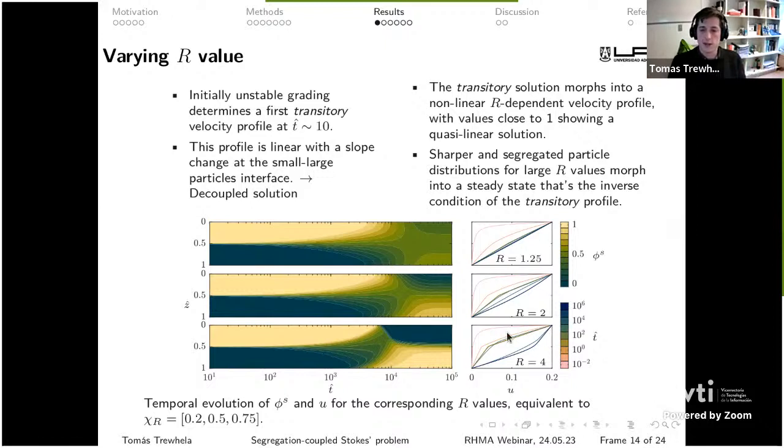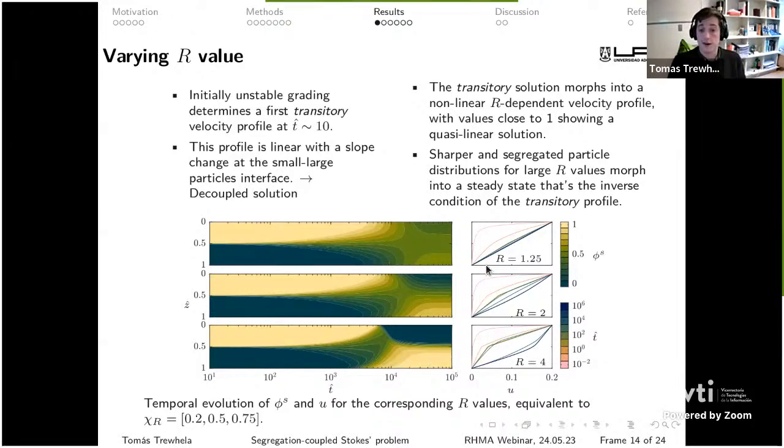What is interesting, and what I'm showing here at the right, is the evolution of the velocity profiles. And as you see, values close to unity, or to 1, will produce a kind of linear distribution of the velocity profile, while R equal to 4 produces a non-linear profile with a very sharp interface, which is a result of the segregation.